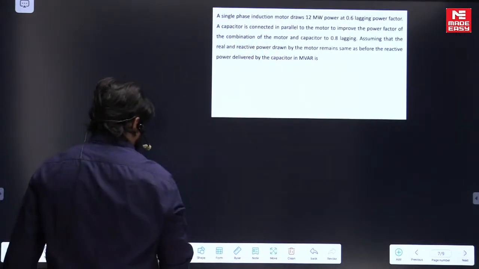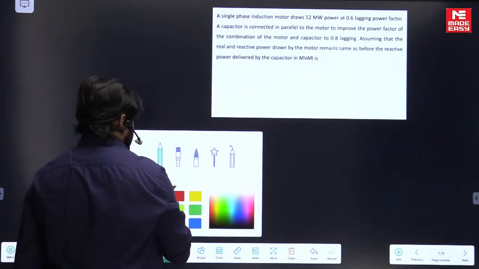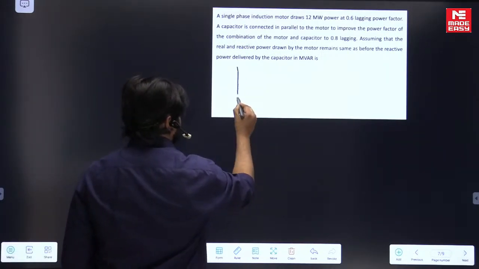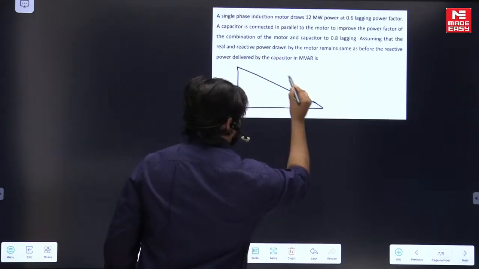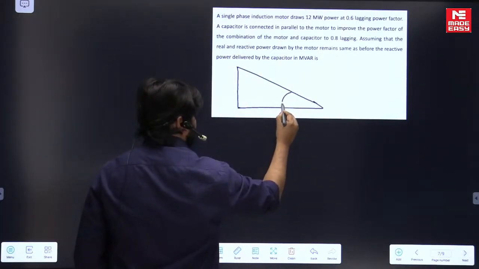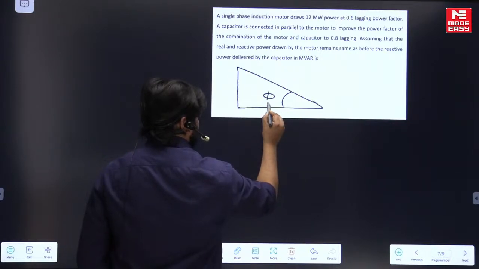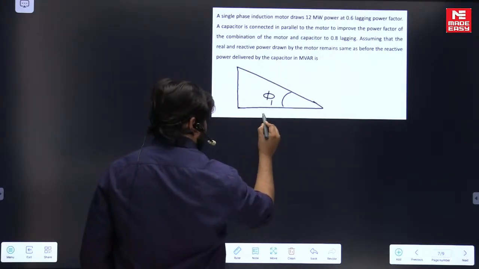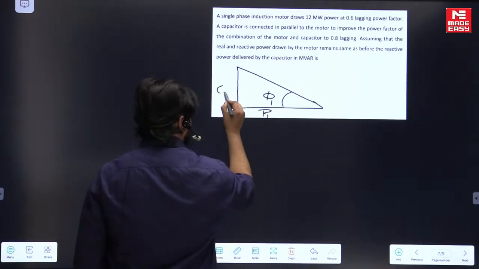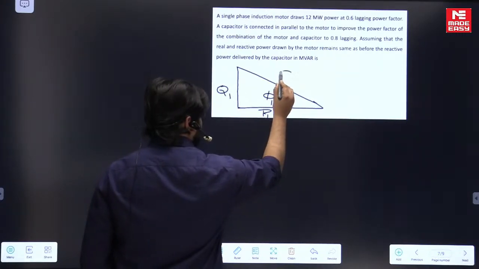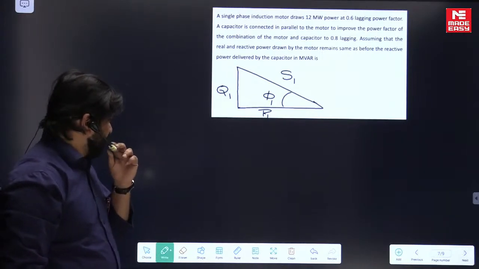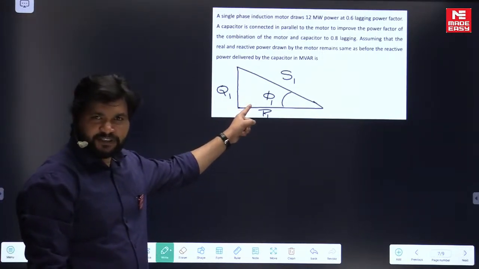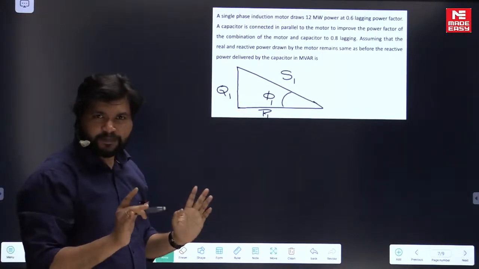First, the power triangle is this. Phi1, P1, Q1, S1. This was the power triangle first, meaning when there is only an induction motor.